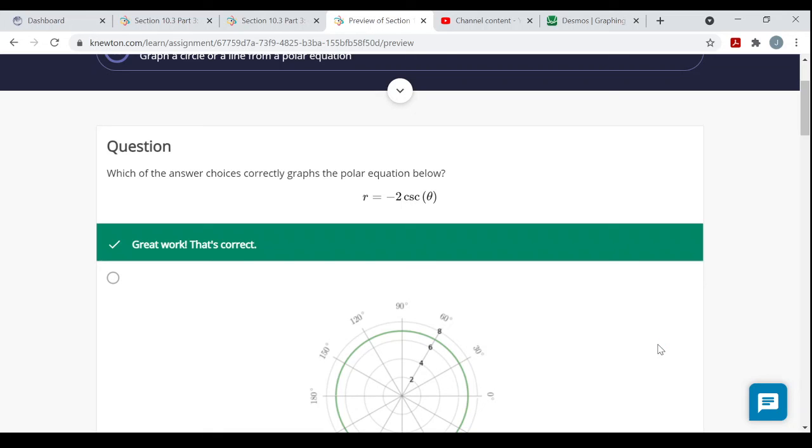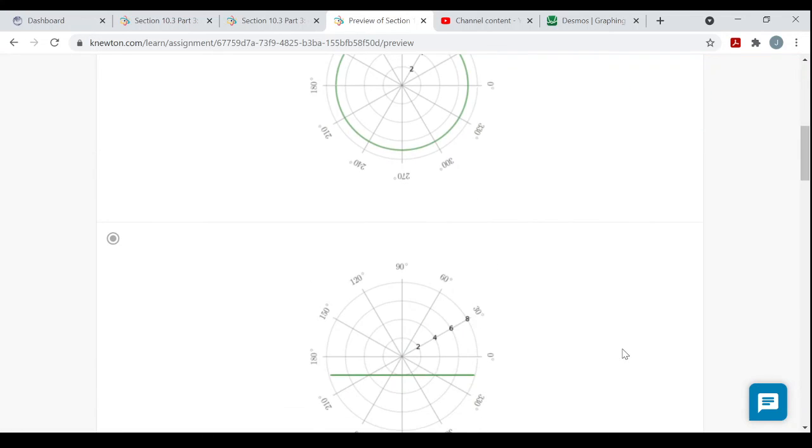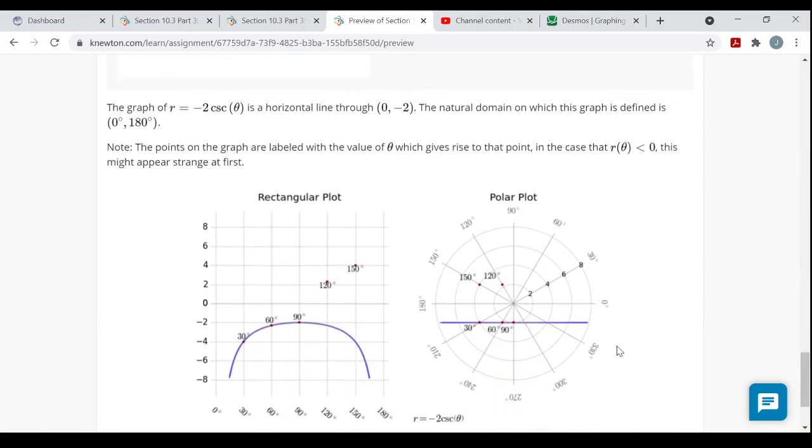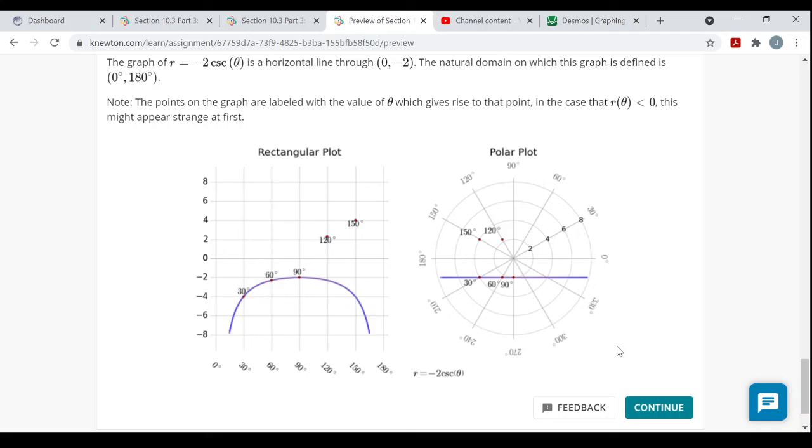So hopefully watching me go over this, looking at the more instruction, playing around with Desmos.com, and looking at the answer explanations when they come up, really hoping all this stuff helps you out when you work on this on your own.